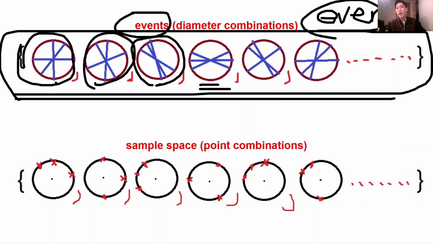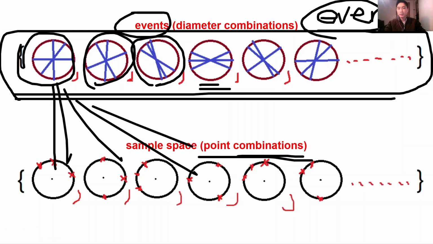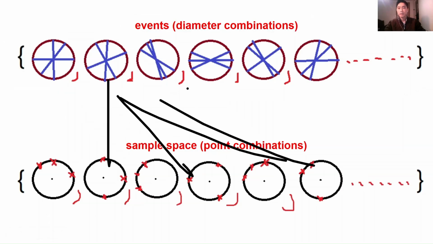And each event has corresponding point combinations. It could be like this, like this, like this.